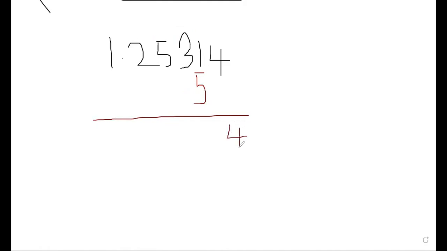This is 4, this is 6, this is 3, this is 5, this is 2, and this is 1. So that will be 1.25364.